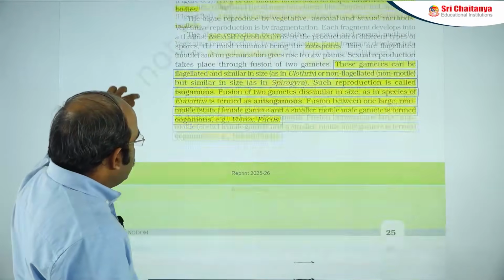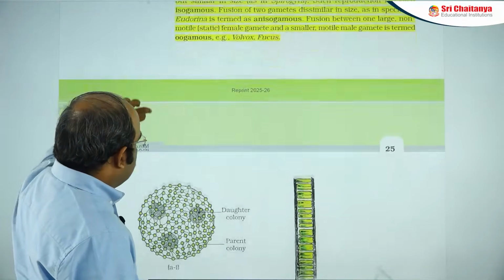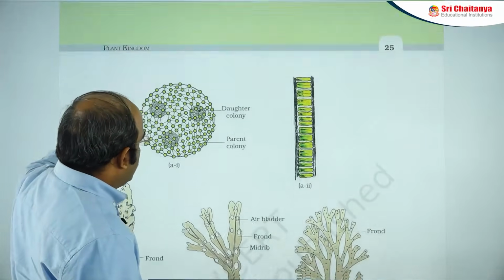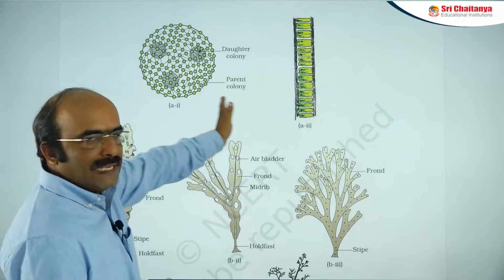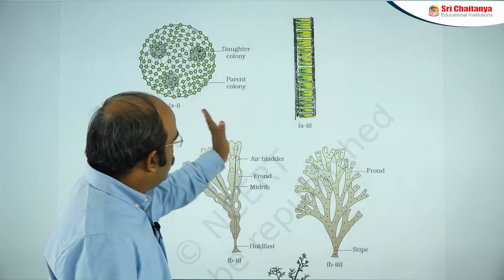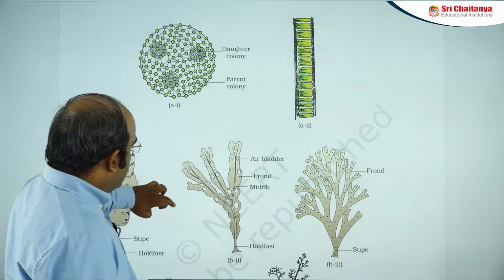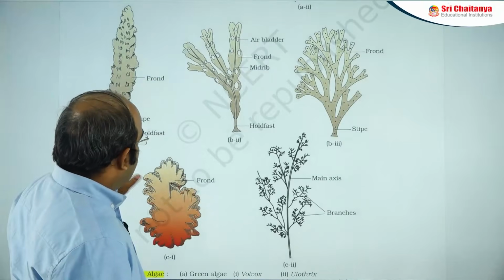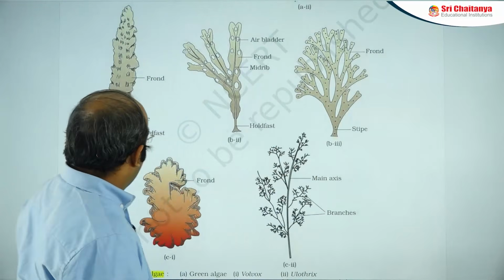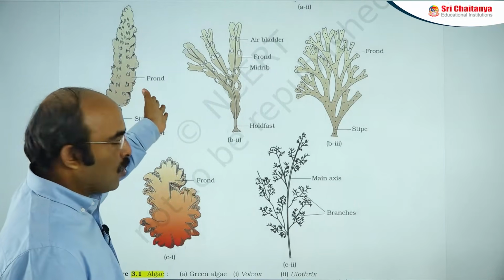Now you could see these are the diagrams with respect to different types of algae. The green algae, the first two, are Volvox and the second one is Ulothrix. In the second row, you could see the brown algae, which have holdfast, stipe, and frond.